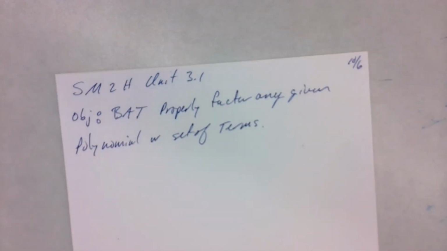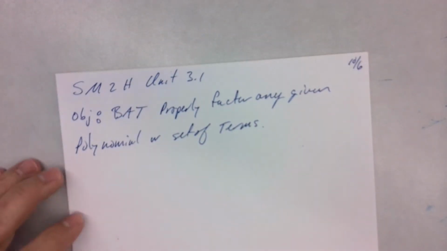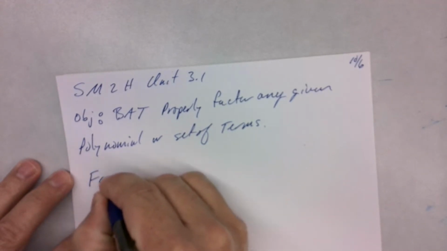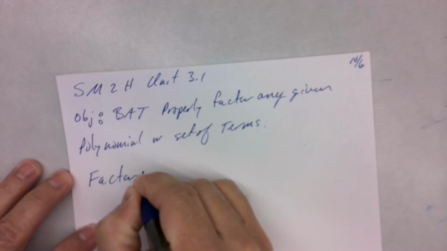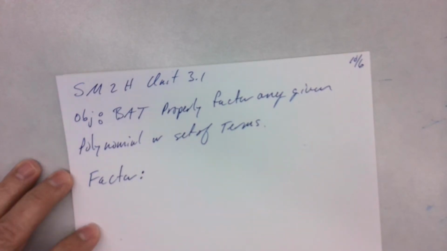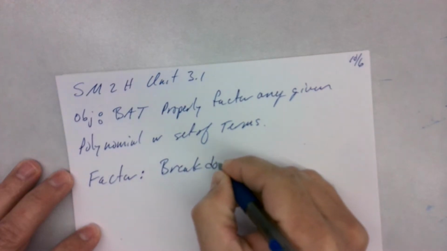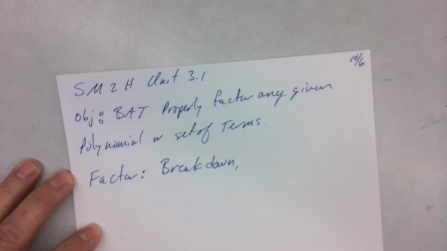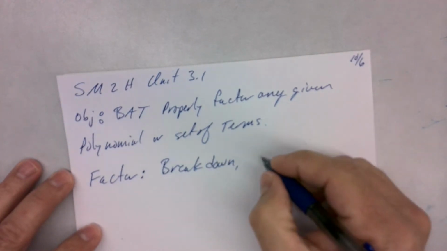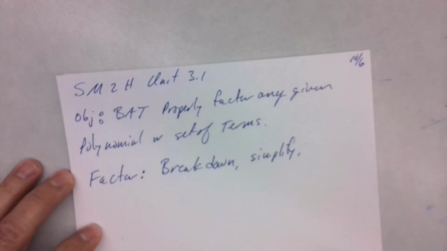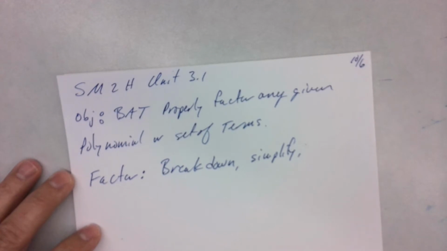Alrighty, now factor. Anybody know what the word factor means? Ooh, breakdown. That's a good one. Breakdown. Anything else? Simplify. In a sense, I would say for sure. When you're doing that, what are you finding?